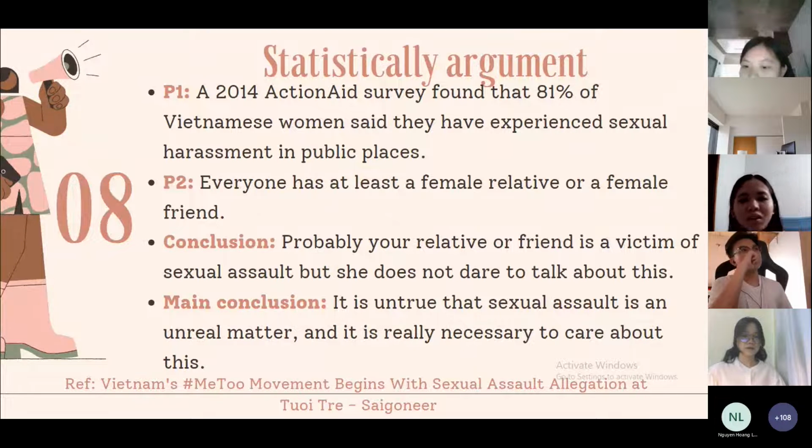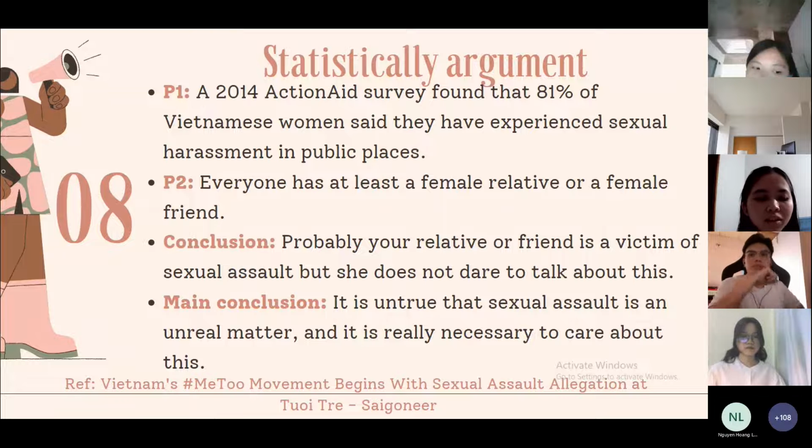A statistical argument. A 2014 ActionAid survey found that 81% of Vietnamese women said they have experienced sexual harassment in public places. And these surveys were chosen randomly, and this is, of course, a small number.